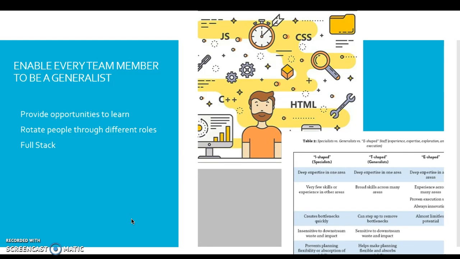And then we move to being a generalist. So, what is a generalist? Basically, it is someone who knows a lot. They are not that specialist who knows extremely well how to do one thing, but they know well how to do many different things.